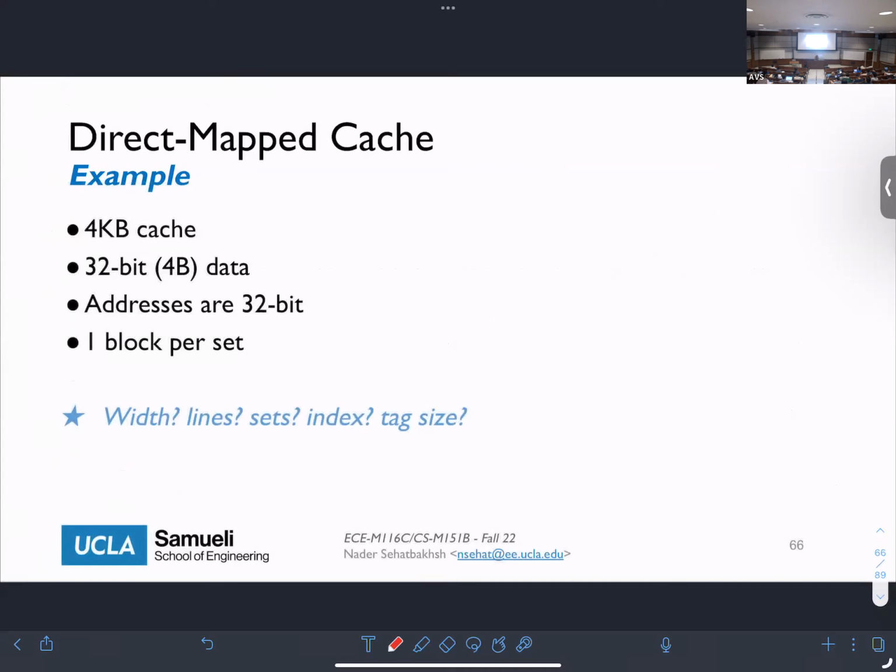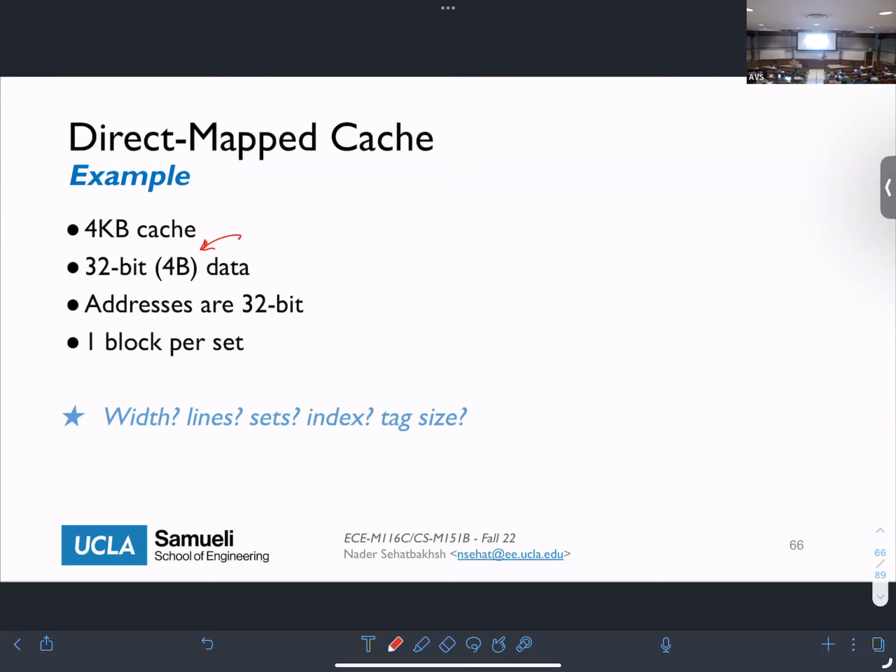We're doing good time. Okay, so let's say, for example, we have 4 kilobytes of cache, 4 bytes of data, 32-bit addresses, and 1 block per set. So here I'm saying that my blocks are 4 bytes.